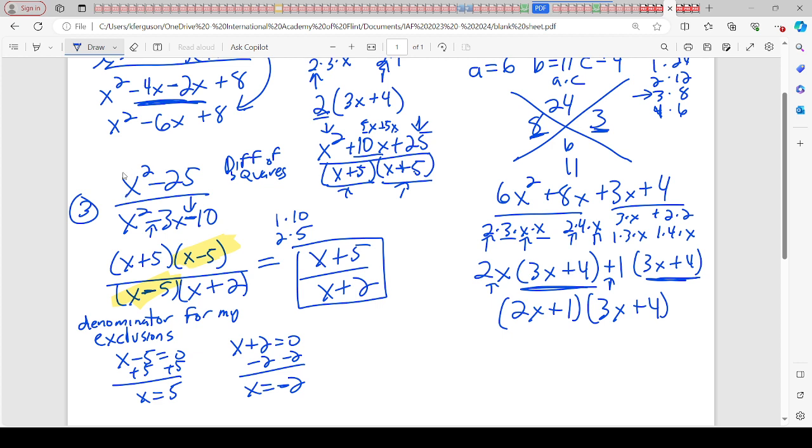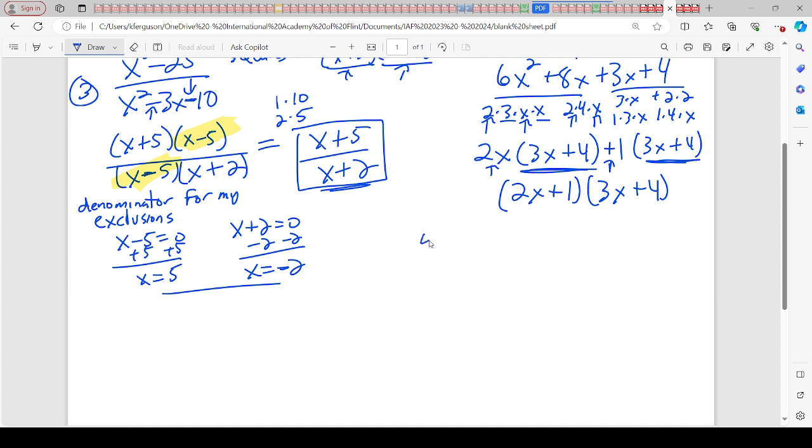It matters that at the beginning, in the original problem, if I plugged in 5, I get 0. So because in the original problem x equals 5 gives me 0, I can't use 5. So that's why I do my exclusions before I cancel off. So here's my reduced fraction. There are my exclusions.